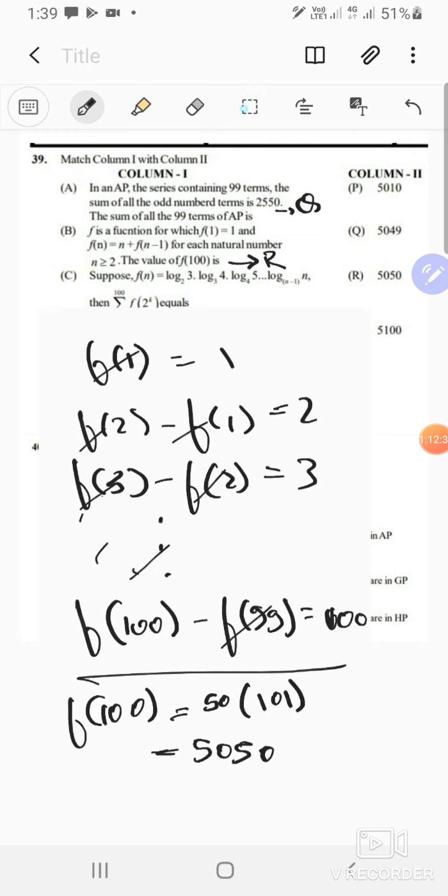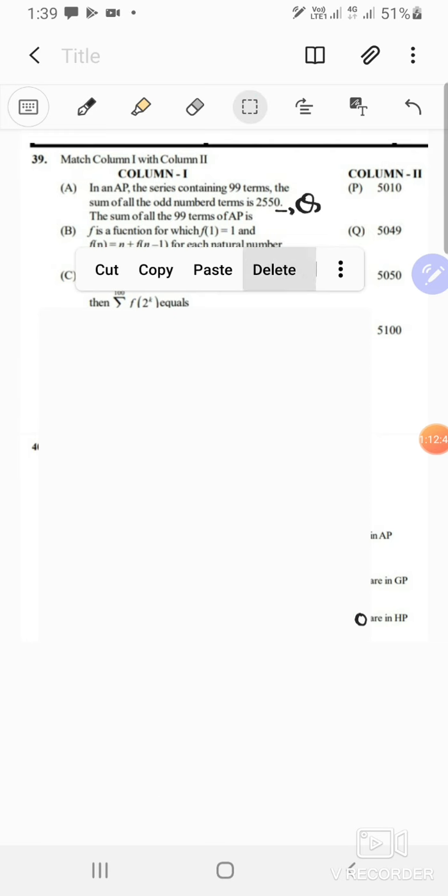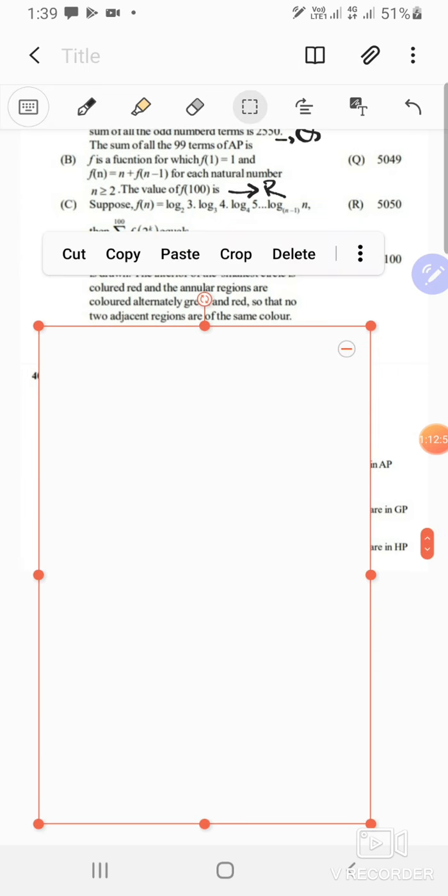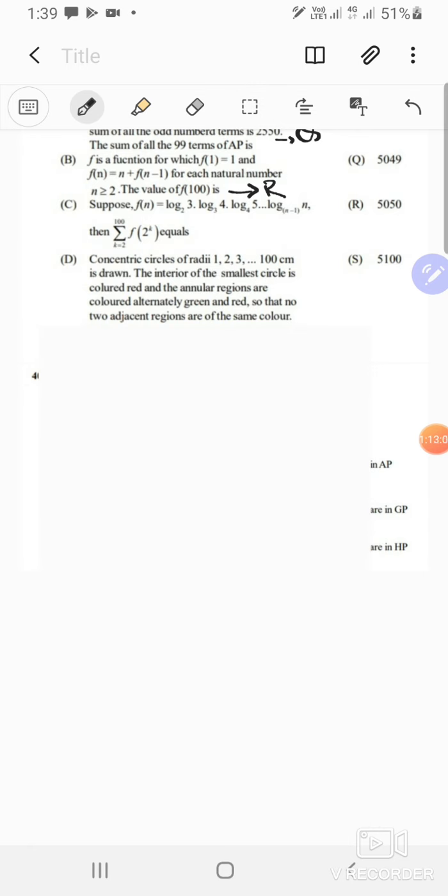Fine. The next is, suppose f of n is log base 2 of 3 into log base 3 of 4 into log base 4 of 5. Wow. Okay, then summation from... I guess it's not that bad. I just have to use some rules for logarithms.